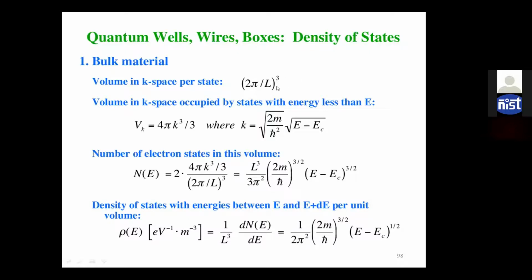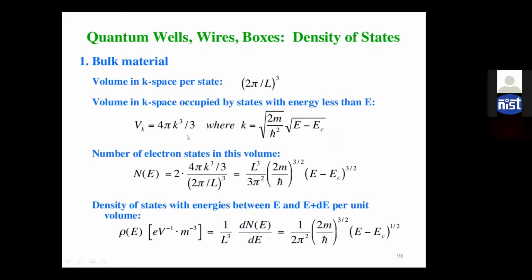So what is the volume in K space occupied by states with energy less than E? As it is three-dimensional, the total volume will be 4 pi k cube by 3.